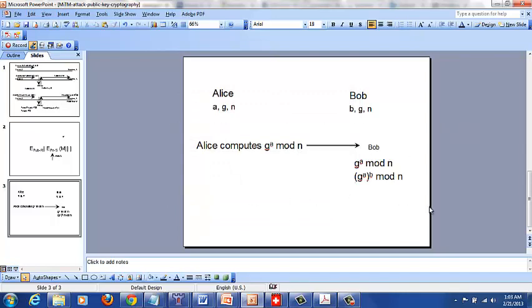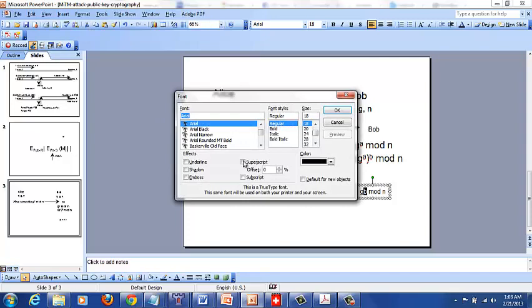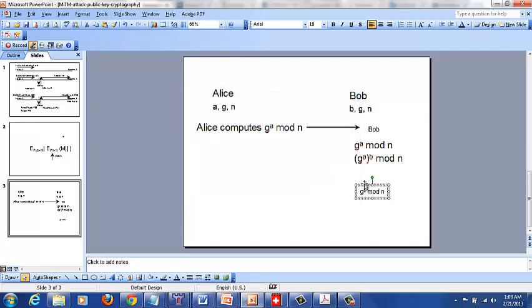Now the same thing happens at the Alice side. So Bob can compute independently g raised to b mod n and send this at the same time.